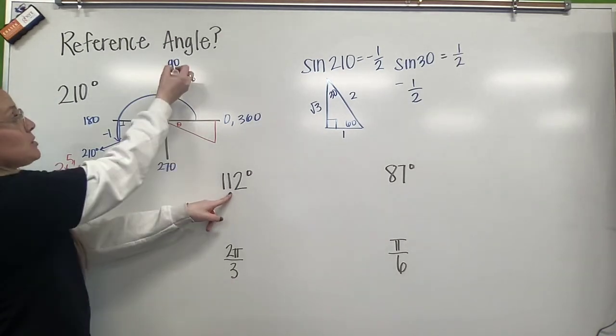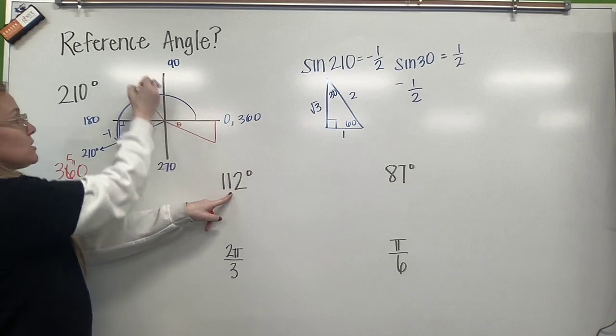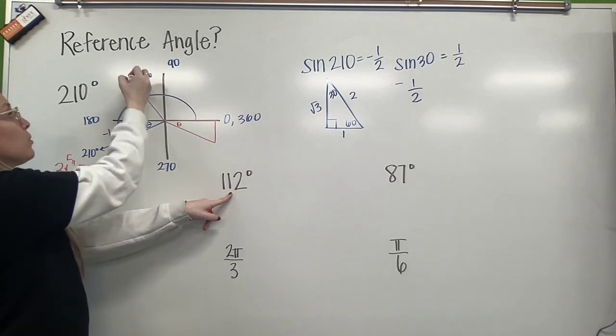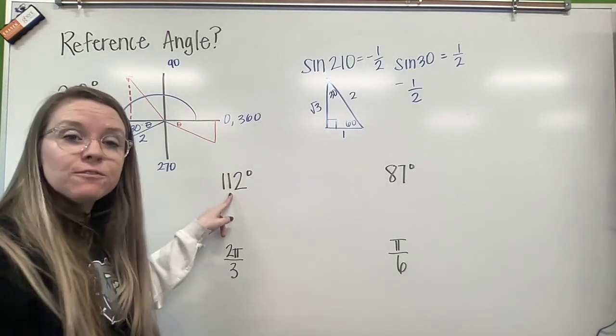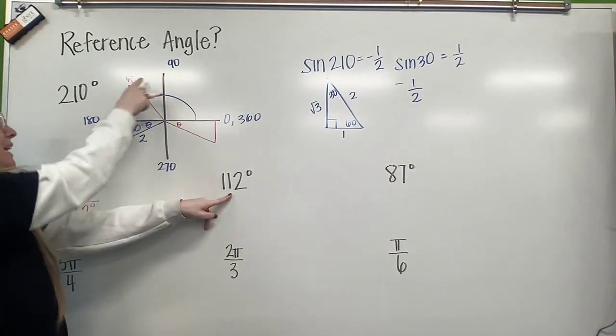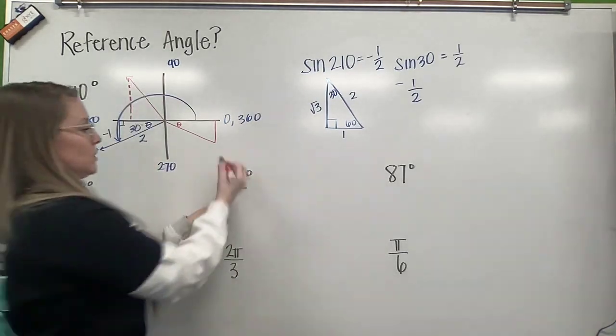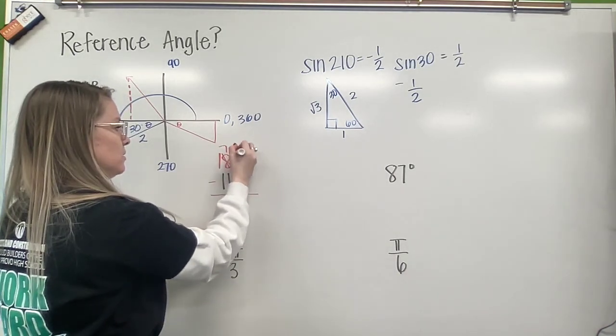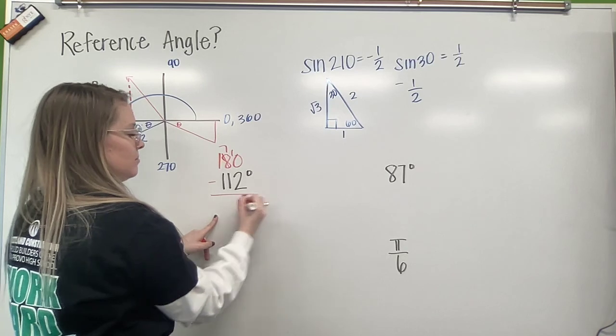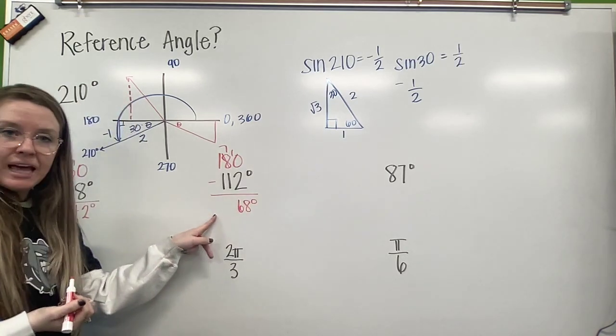112, that's between 90 and 180, so it's going to be in here, and we're going to refer down to the x-axis. So what's the difference between 180 and my angle? So 180 minus 112, that's a 68 degree angle.